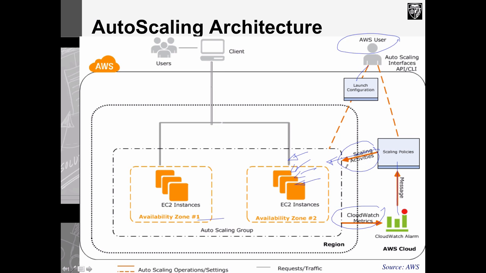And the autoscaling group in that case will either add the capacity or remove the capacity, and then we might configure the autoscaling group to send a notification to the engineer, to the cloud architect. So this is how we configure autoscaling for our application.